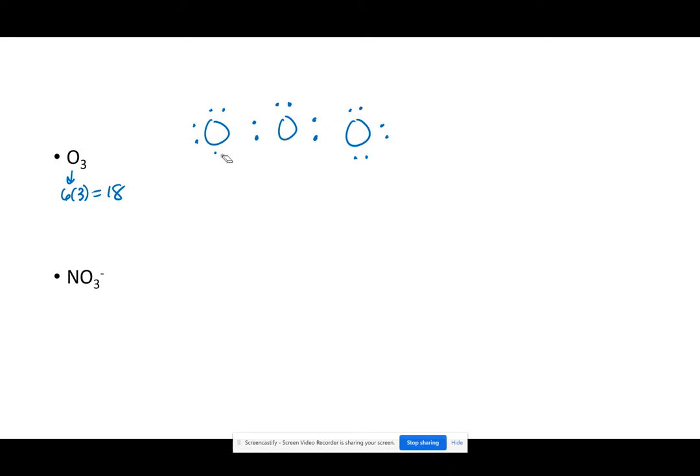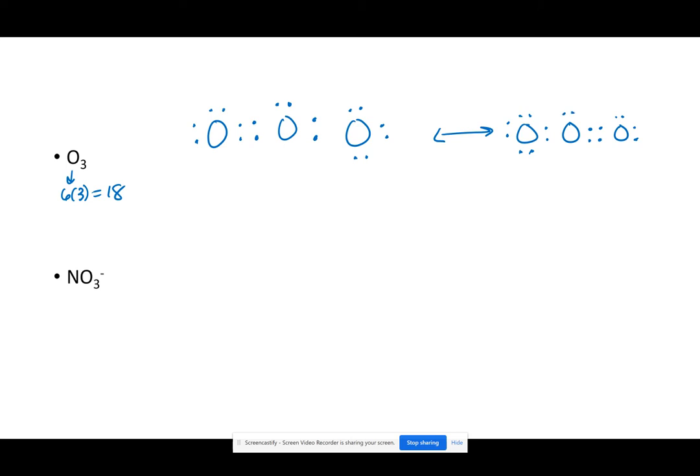So the way you actually show that this has resonance is you draw both with an arrow in between. So that's one. And then being double bonded to the second oxygen is the other.